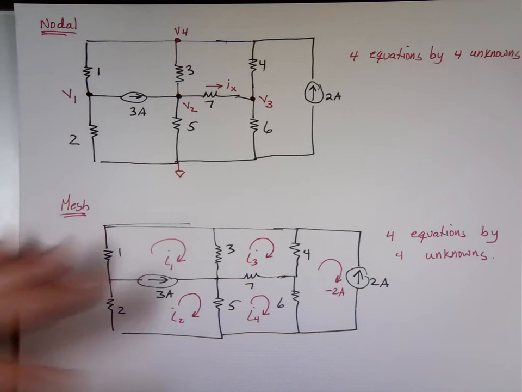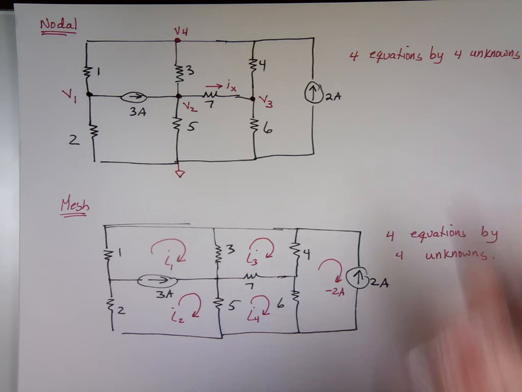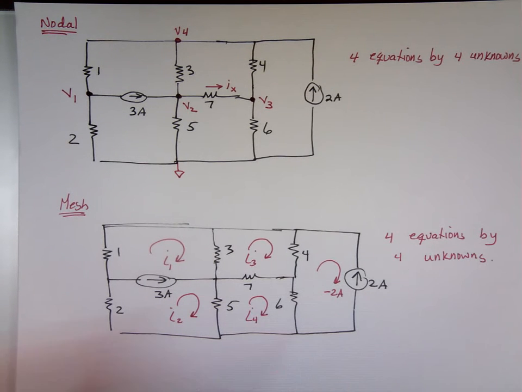The solution to that, which actually they're not even asking us to solve it, says how many nodal equations would be required to solve for I sub x. And again, if you decide to go with mesh equations, how many mesh equations would be required? Would you prefer to use mesh analysis or nodal analysis? Since the number of unknowns is the same, me personally, I'm going to prefer mesh analysis. But let me modify the problem.